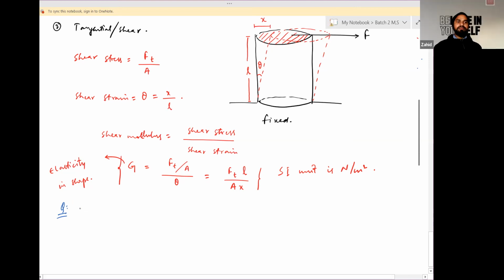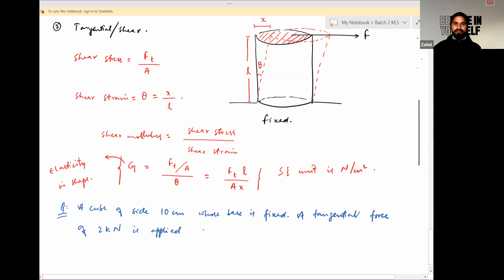Suppose a cube of side 10 centimeter whose base is fixed. A tangential force of 2 kilonewton is applied to its top face.